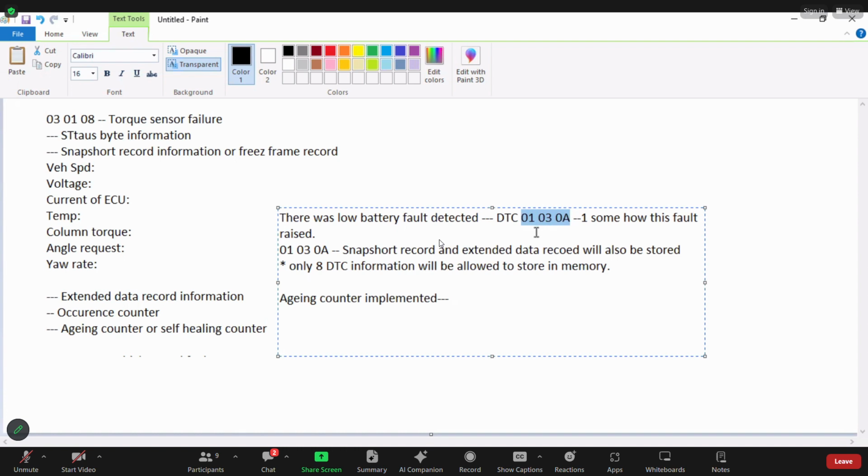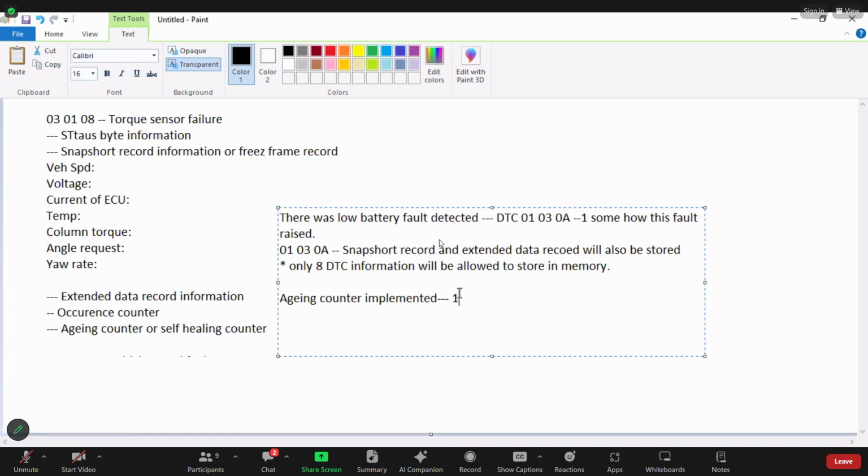Let's say we went for a drive and this low battery voltage fault was detected. Then this DTC information, along with the snapshot record and extended data record, will be stored in the memory. Now next day, again we turn on the vehicle, we went on a drive and this low battery voltage fault was not detected. Then for this DTC, the aging counter will increment to 1.